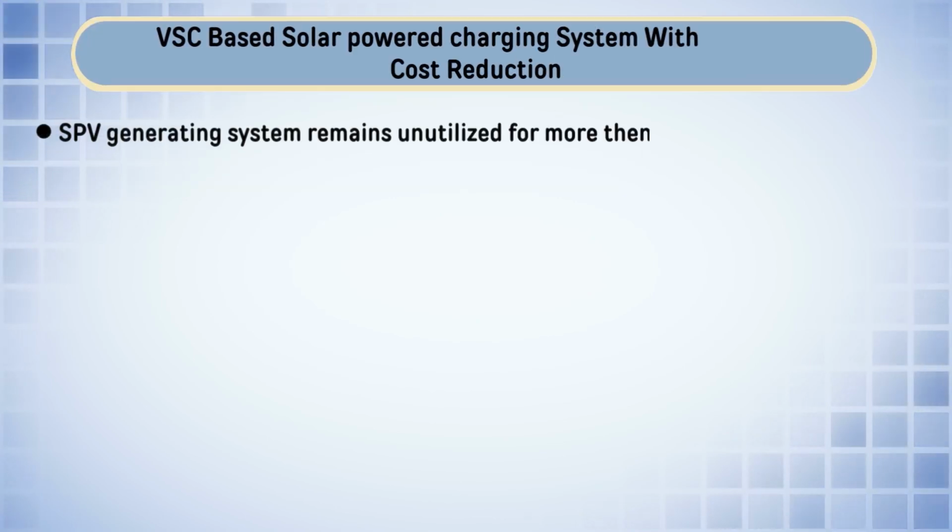So, this VSC, as I told you, the payback period of the voltage source converter is increased here, as we have reduced the losses, and in a normal PV system, if you see, this inverter is unutilized for 2/3 of the day.